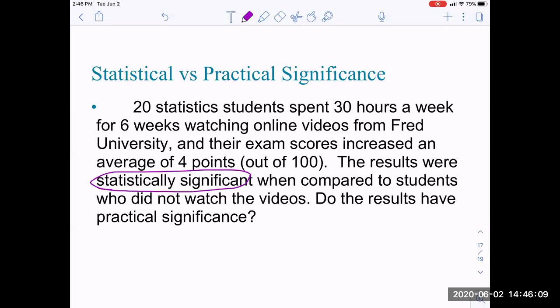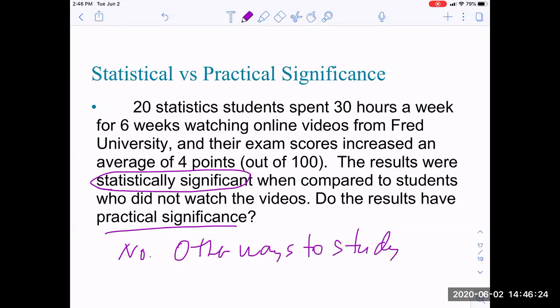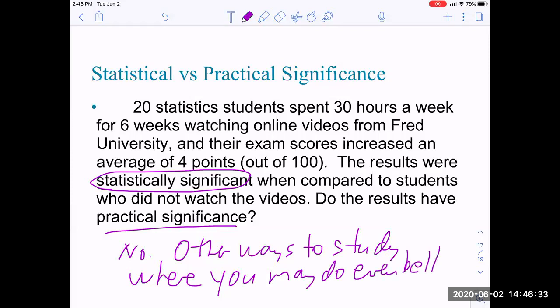Now, do the results have practical significance? I would say no, because there are other ways to study where you may do even better. Let's face it, 30 hours a week of watching videos just to increase your exam scores by 4 points, not very practical.